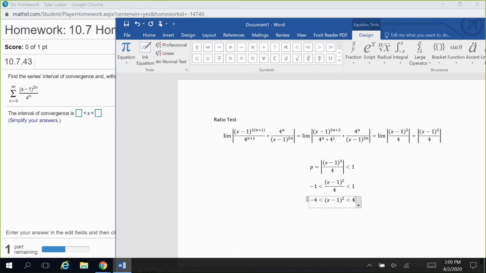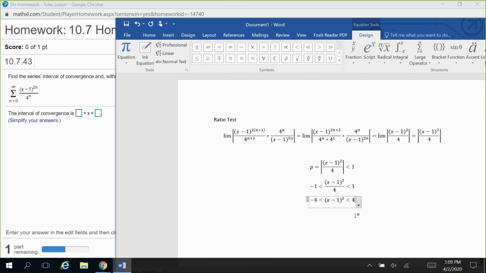Here, it's a little bit tricky, because when you take the square root, you have to worry about pluses and minuses and things like that. Another way of thinking about this is that x minus 1 squared can never be negative anyway. So really what you have is that x minus 1 squared is less than 4 and greater than 0.